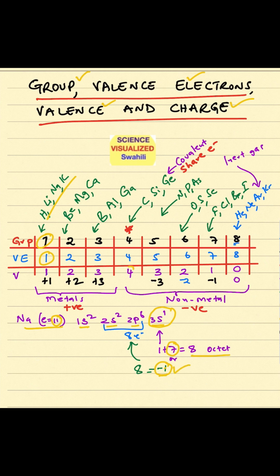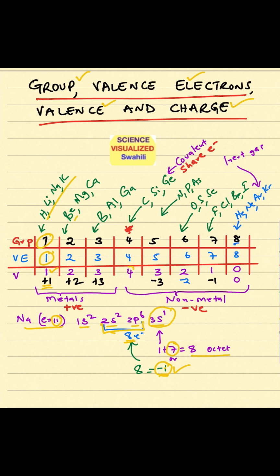When it loses 1 electron, you end up with the next shell, the second level, which already has 8 electrons and therefore satisfies the octet rule. But now, because you lost 1 electron, you end up forming a bond of 1, so we say it has a valence of 1. And because the number of electrons now is 1 less than the number of protons, it has a charge of plus 1.